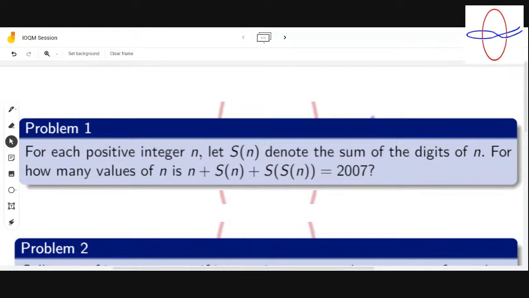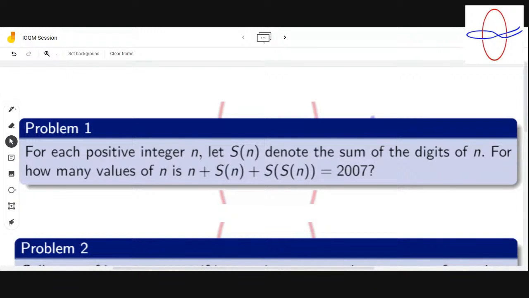Okay, I hope you understood what the problem is all about. Yeah, that's a very good thing. N is congruent to 2007 modulo 9. Why is this true, guys? N is divisible by 9.